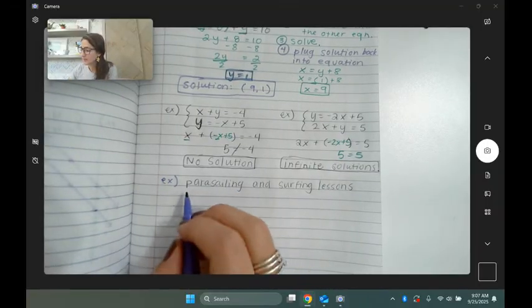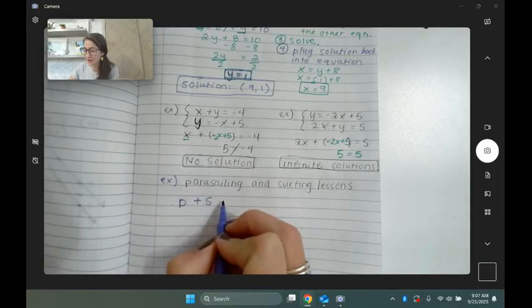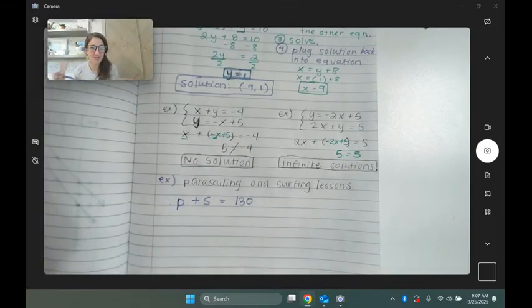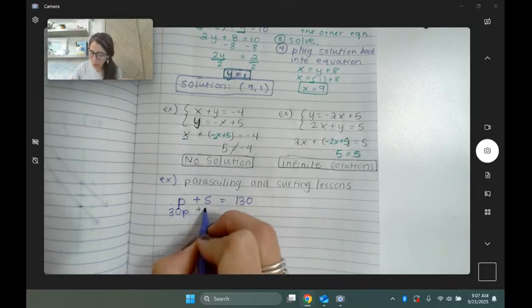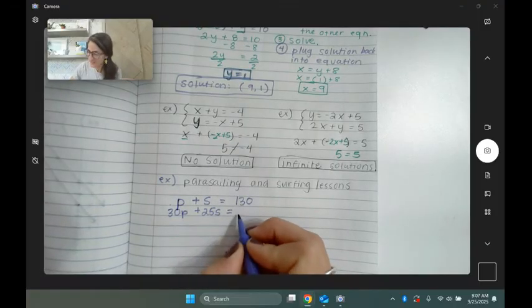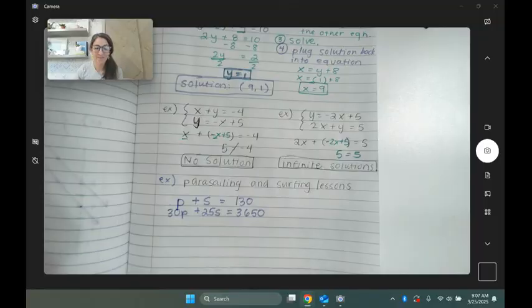First of all, the cost of going parasailing and surfing is $130, like it's all together. And the other clue I have is there were 30 parasailers and 25 surfers. And the total I made at the end of the day was $3,650. And so I need to find out how much it is to parasail and how much it is to surf.